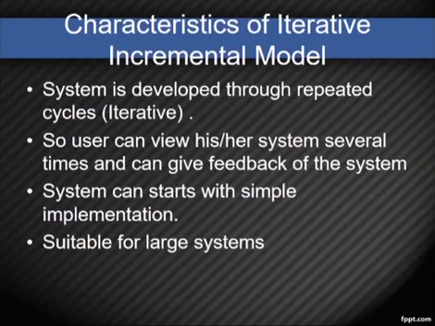The system can start with a simple implementation. The developer can develop a small one, show it to the user, take the feedback and improve it. So that is suitable for large systems.